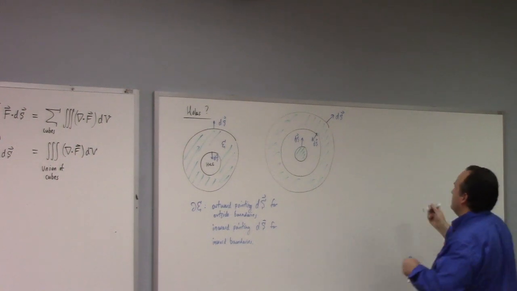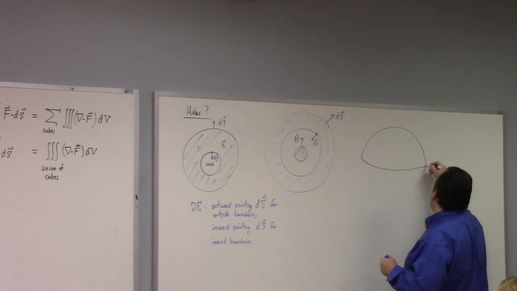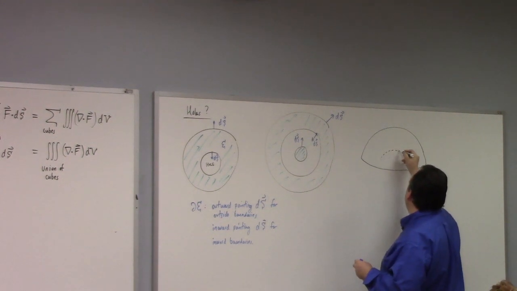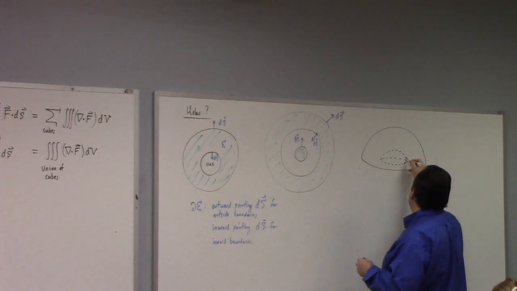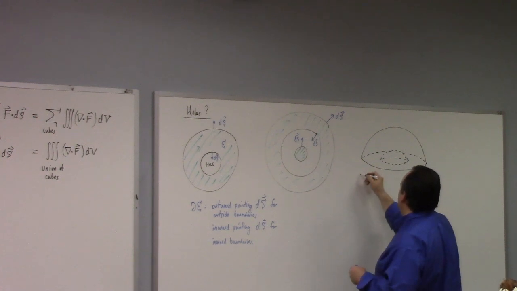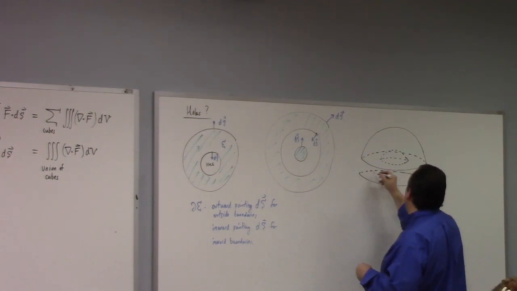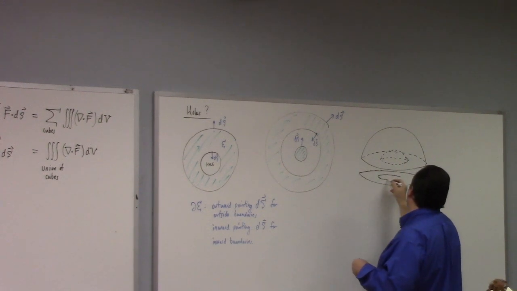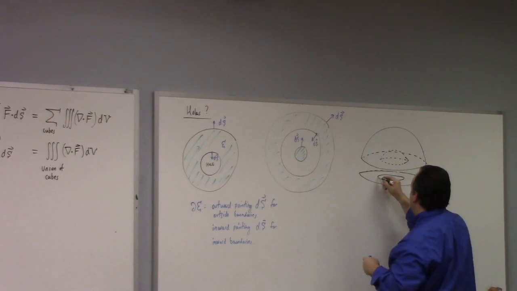So let me draw another picture. You can take a sphere with a hole in it, kind of take it like this, and imagine separating it. So basically I'm just taking the hole and I'm separating it.